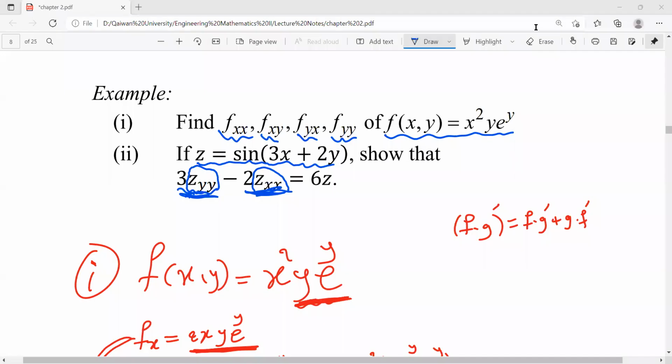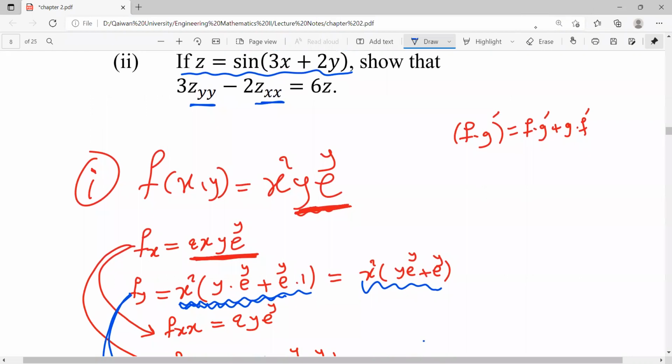So our function is z equals sine 3x plus 2y. We should find the second partial derivative for the function with respect to y, and also the second partial derivative for the function with respect to x, and then we substitute the results here, and both sides must be equal. Let's check.